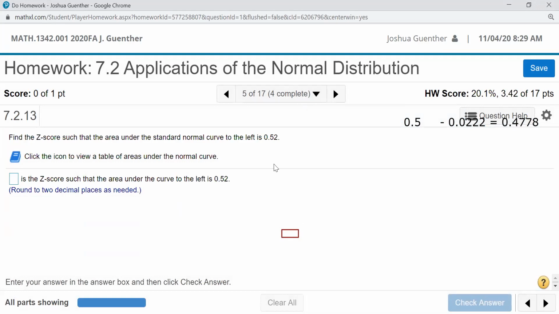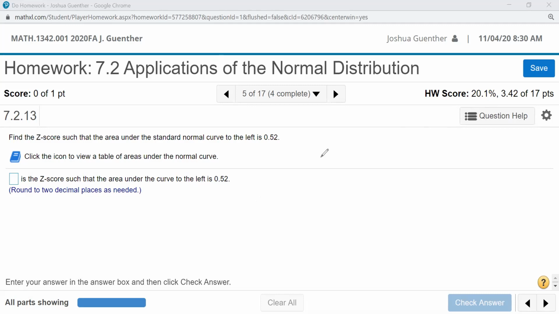Now we're getting into the real gritty. So those first couple of problems we did, or the last three, I should say, had us look up a specific z-score and find areas of the curve related to that z-score. Now it's the opposite. Now it wants us to find the z-score such that the area under the curve to the left of it is 0.52.